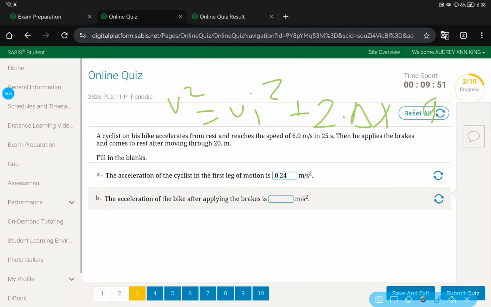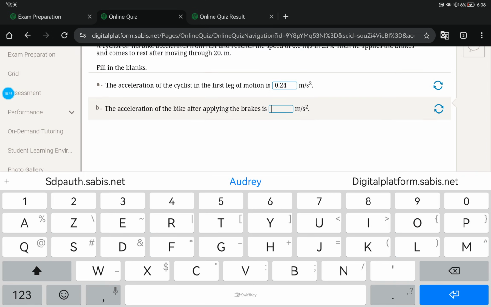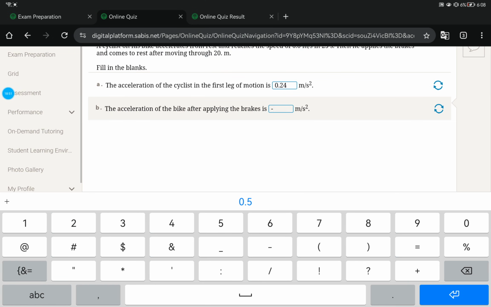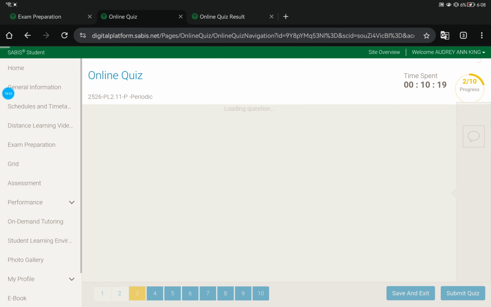So just replace: 0 squared, because it comes to rest after moving, equals 6 squared plus 2 times 20 times a, which is acceleration. Let's just call it a. And after solving, you should get negative 0.9.